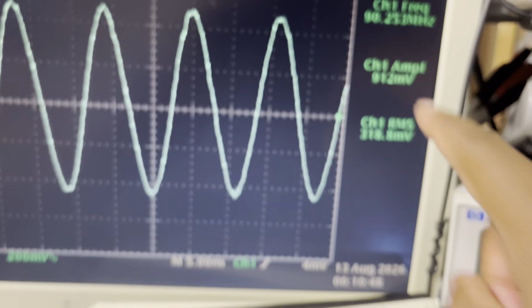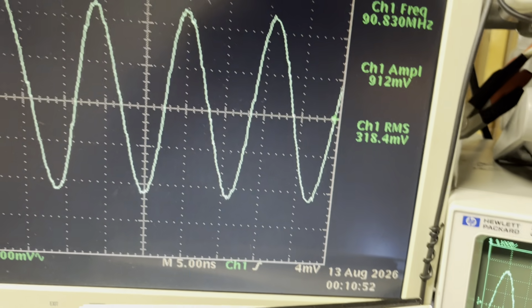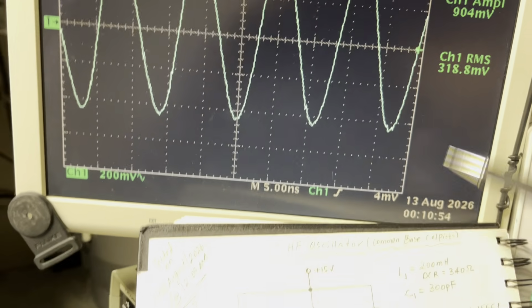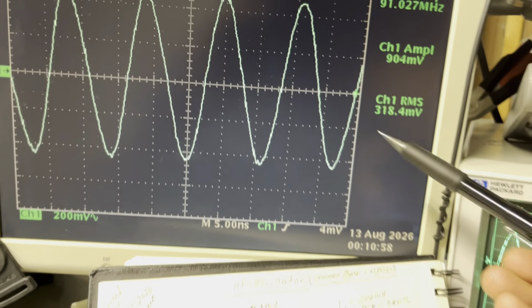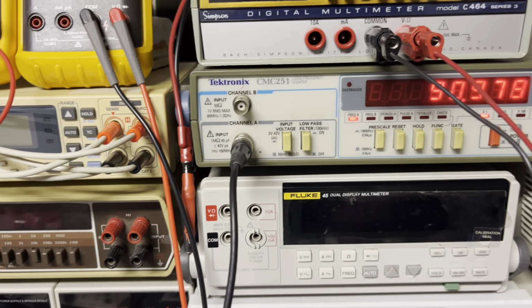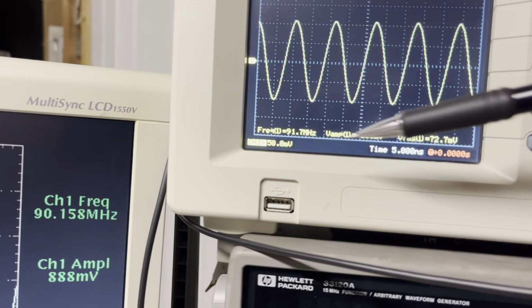And it's oscillating right now at 90 megahertz, right? With a decent peak-to-peak value and a decent RMS output, right? You can see my frequency counter actually agreeing with that, 90.9 megahertz, and so does my Rigol oscilloscope, right there.